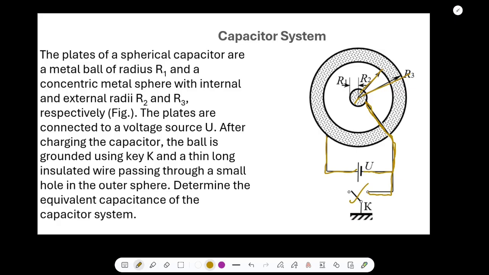And after grounding the ball, the potential of this sphere becomes simply U, and because it's a metal sphere, the potential of the whole outer sphere will become U, both relative to infinity and relative to the inner ball of radius r1.